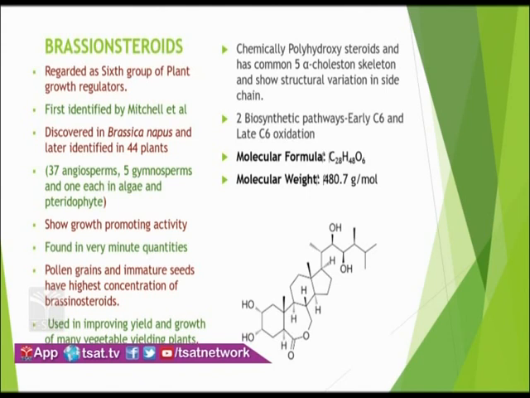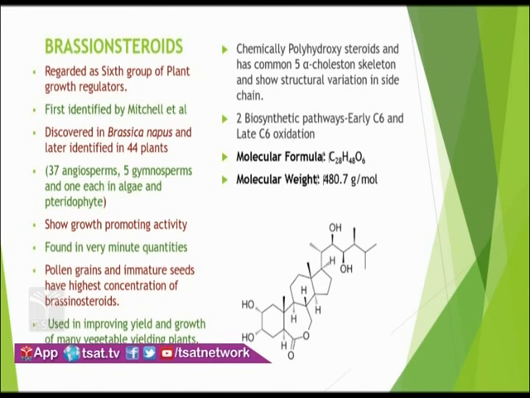Now, let us move on to the next one, growth promoting. So, ethylene and abscisic acid, these were the growth inhibiting hormones. Now, we will go back to the growth promoting hormones, that is brassinosteroids. Now, this term is quite new because brassinosteroids are newly identified growth promoting hormones, which were first identified in Brassica napus, that is rapeseed, which is a commercially oil producing seed.